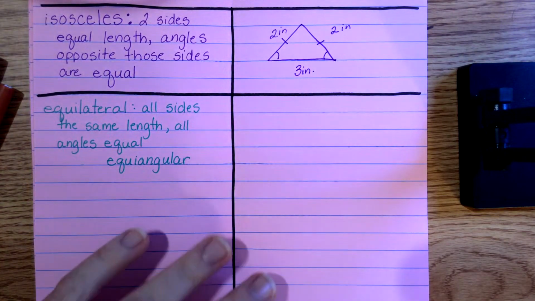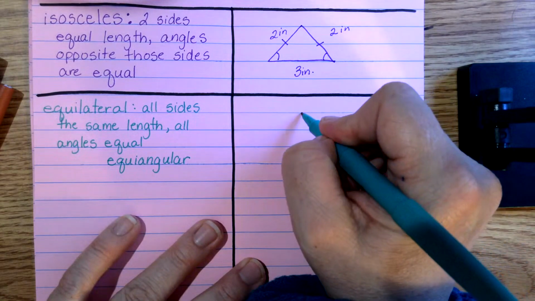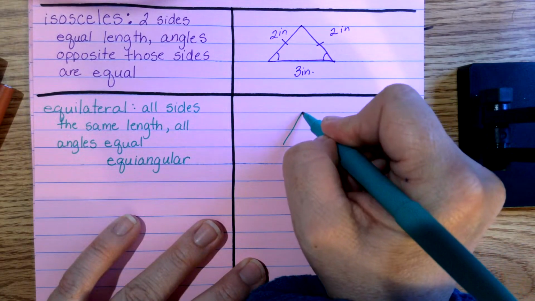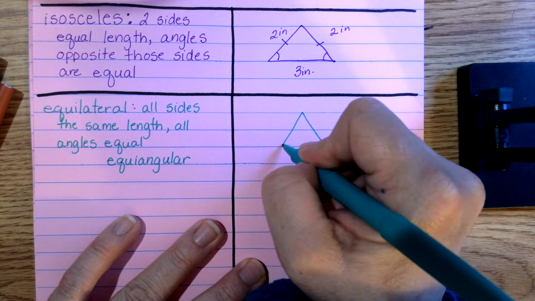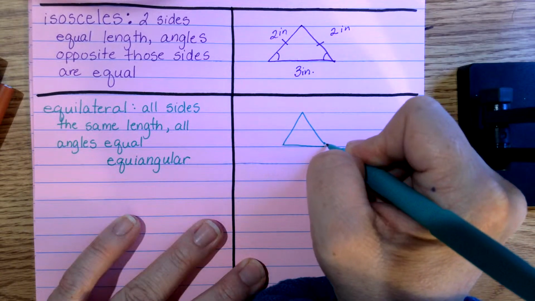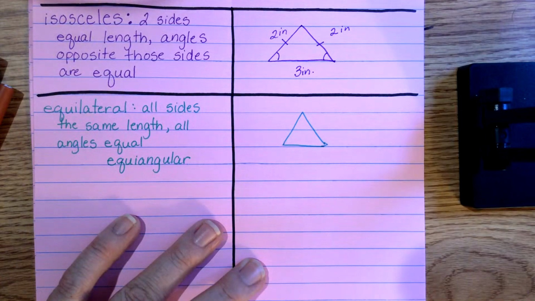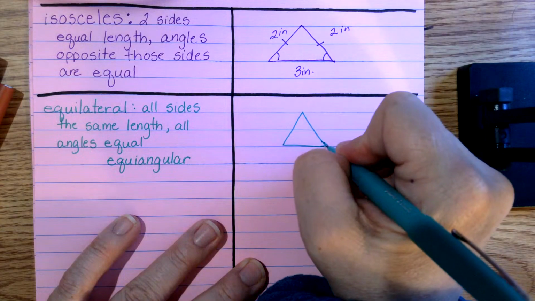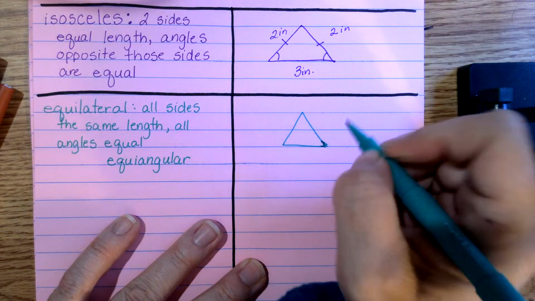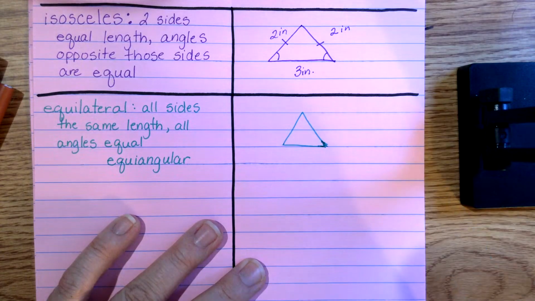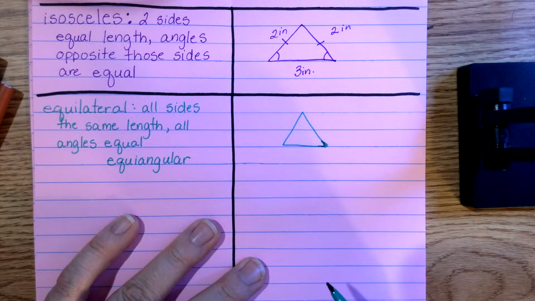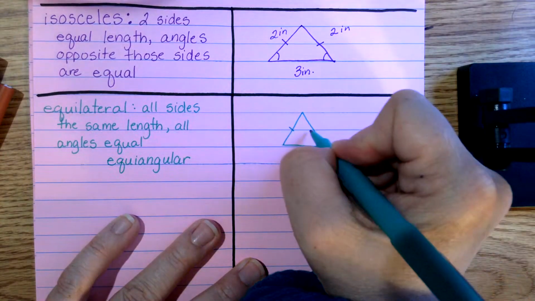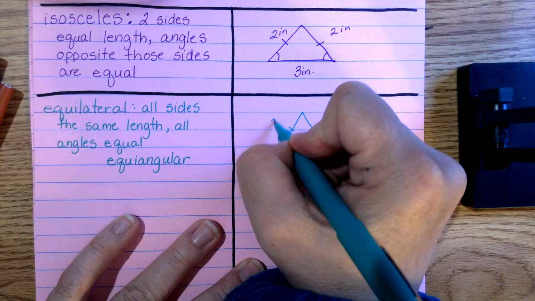All right, let's see if I can do this. You ready? Well, that's not perfect, but that's okay. It doesn't have to be perfect because it's mine. All right, so in a perfect world, all three of these would be 2 inches.